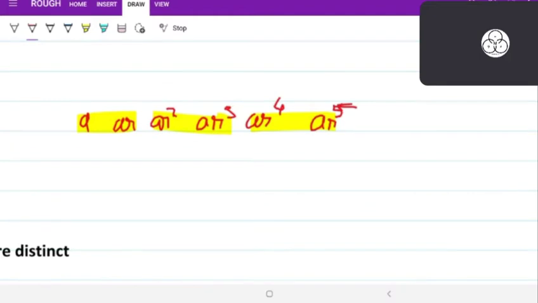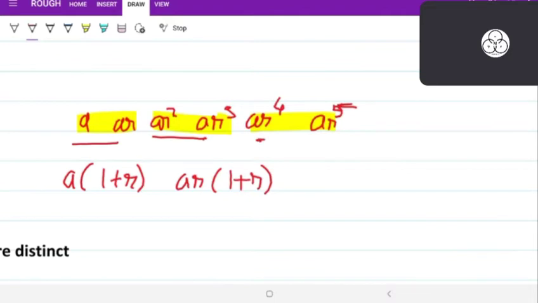Look at this step very carefully. Sum of two terms taken at a time, right? This will be ar squared, this will be ar to the power 4.